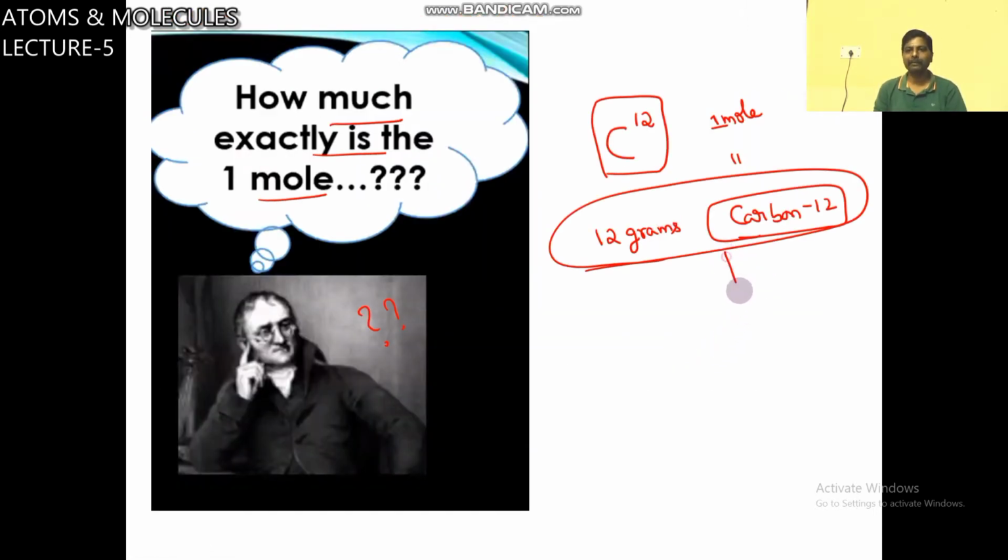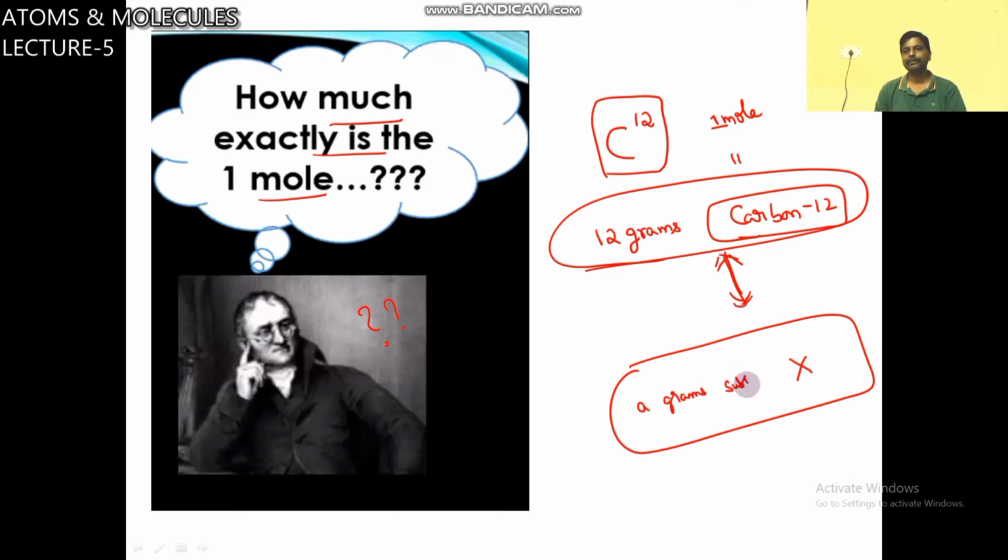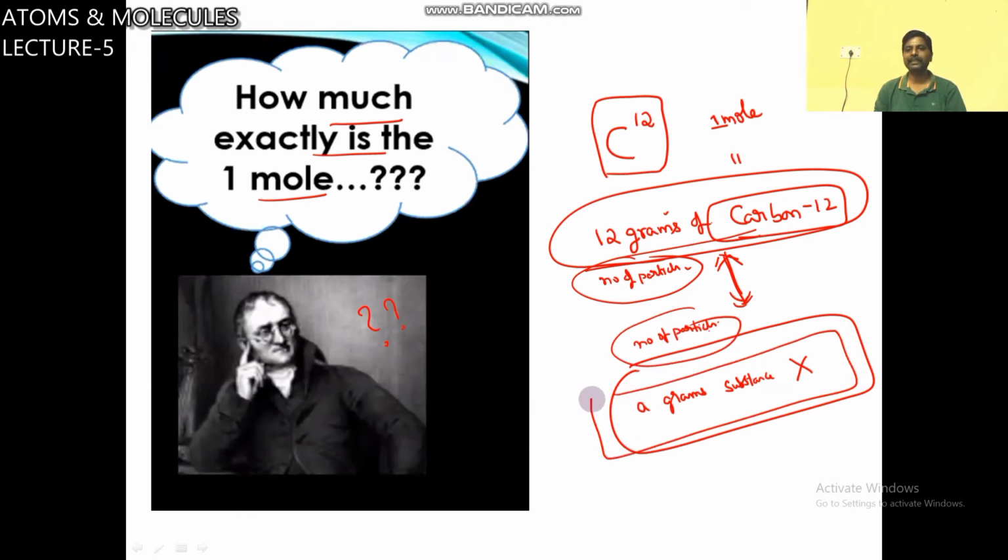Take some substance X, A grams of substance X. If the number of particles is equal to the number of particles in 12 grams of carbon 12, then this amount is equal to 1 mole.